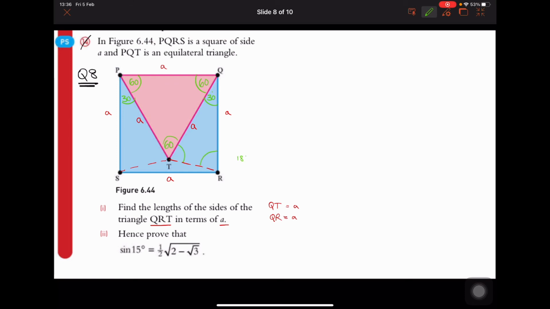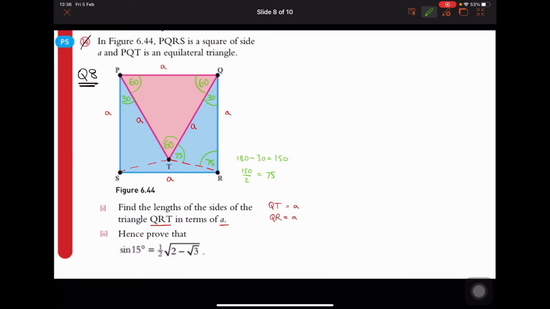So 180 take away 30 is 150. 150 divided by 2 is 75. Sorry, it's not too visible. 75.